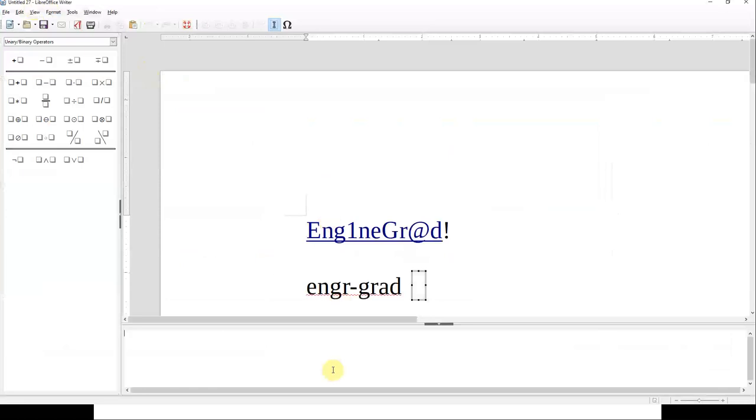Alright, now A is going to be, how do I do this again? LibreOffice. Come on, it's Windows.